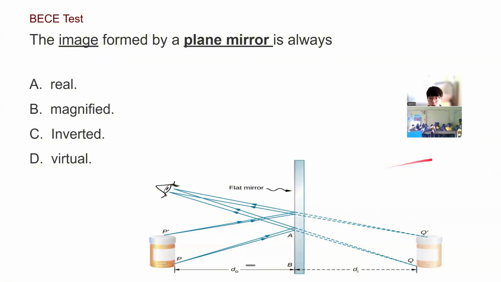Let's look at this question and see if anyone can answer. The image formed by a plane mirror is always what?